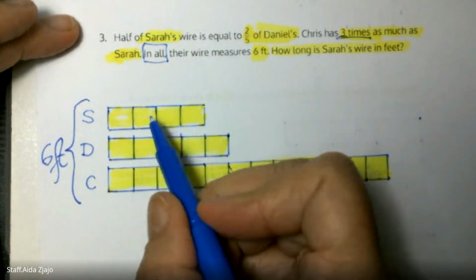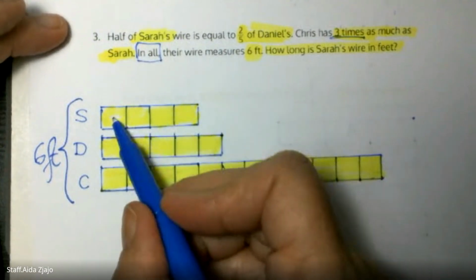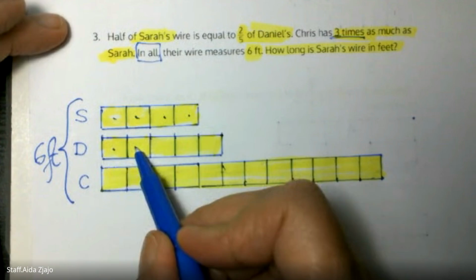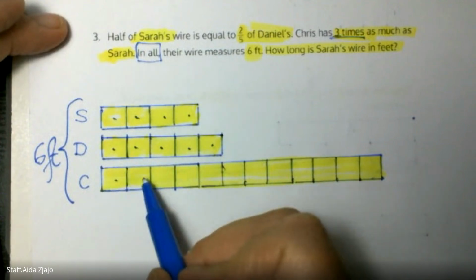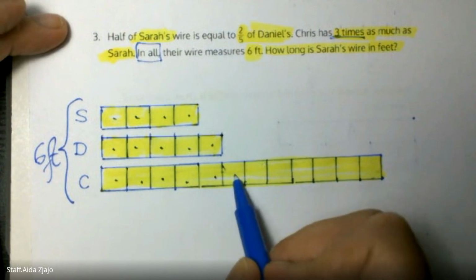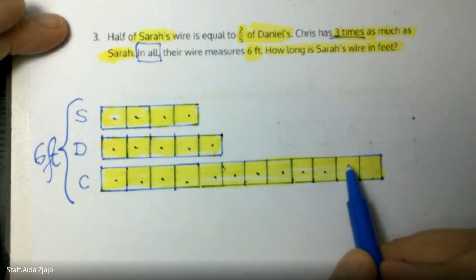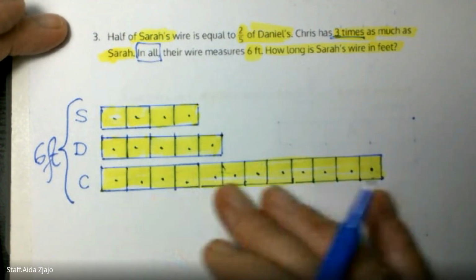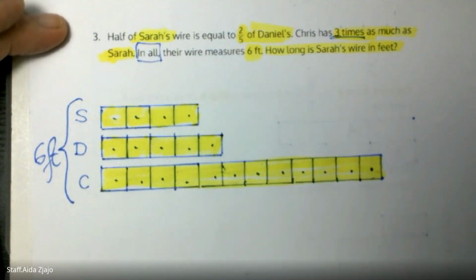So we count how many pieces we have. 1, 2, 3, 4, 5, 6, 7, 8, 9, 10, 11, 12, 13, 14, 15, 16, 17, 18, 19, 20, 21. We have 21 equivalent pieces.